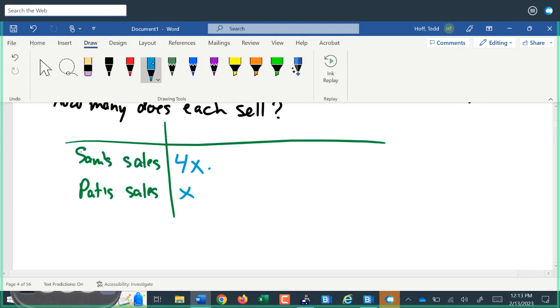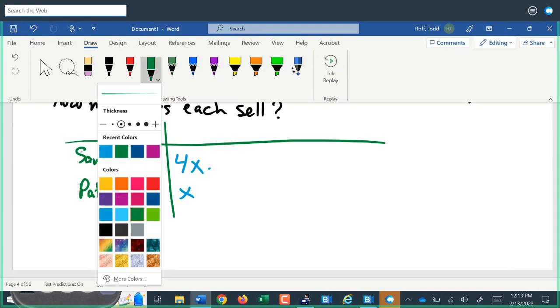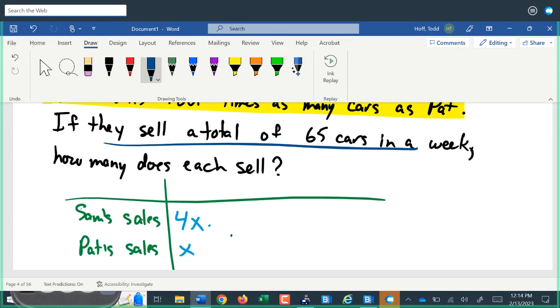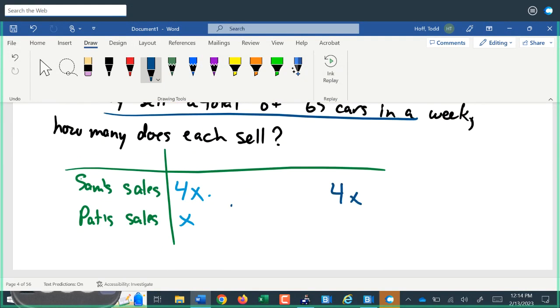So then the equation I would use to summarize this relationship, there's a total of 65 cars. So Sam's sales, 4x, plus Pat's sales of x has to add up to 65.